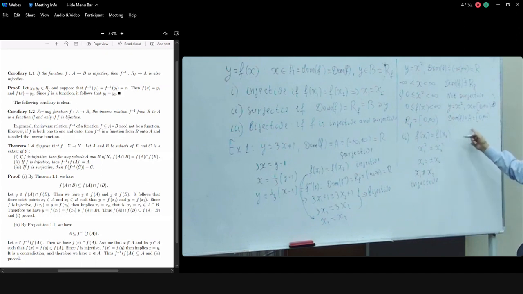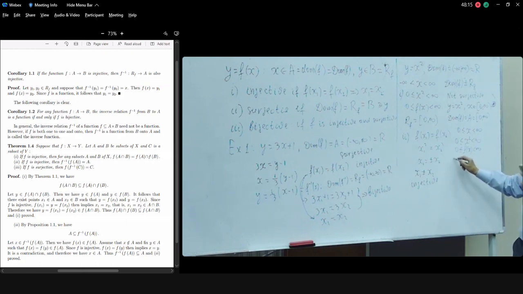So when x lies from 0 to infinity, x square also lies in the same interval. It means f of x is from 0 to infinity.